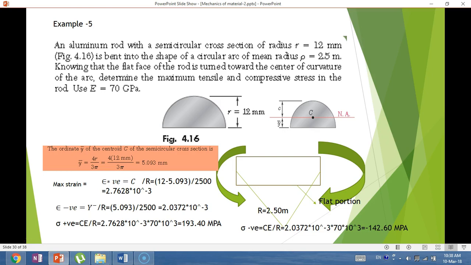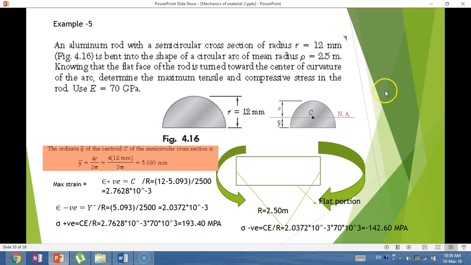In order to get the maximum strain, knowing that at the lower portion, which is flat, we have maximum compressive, and in the upper portion, which is circular, we have tensile, so the maximum strain is equal, from the first expression that we have, to c over rho. c is 12 minus y bar, 5.093, divided by 2500.